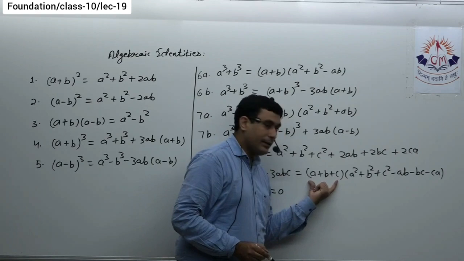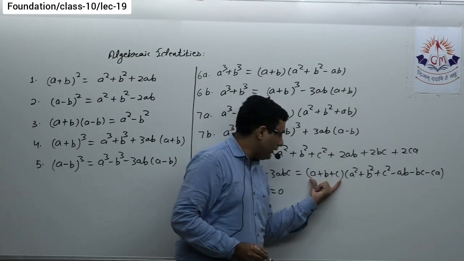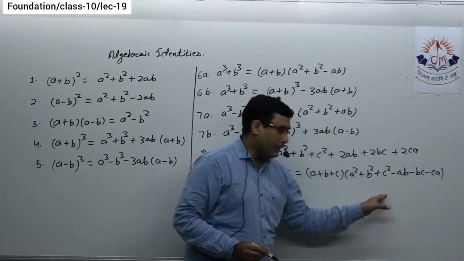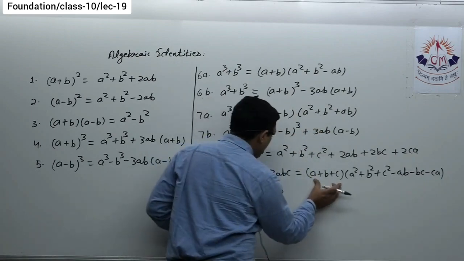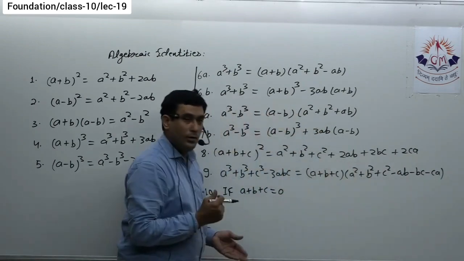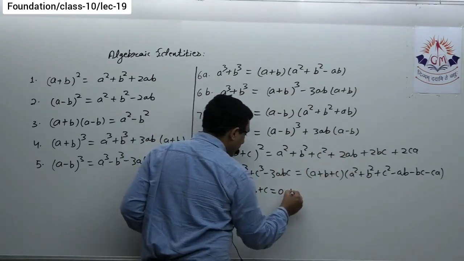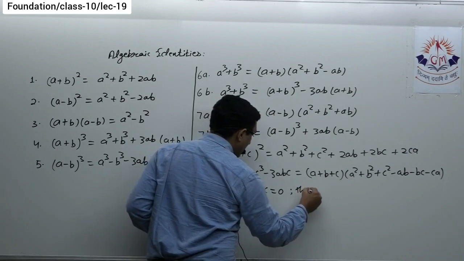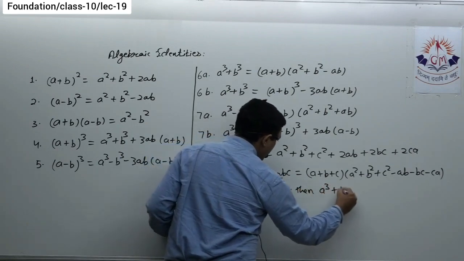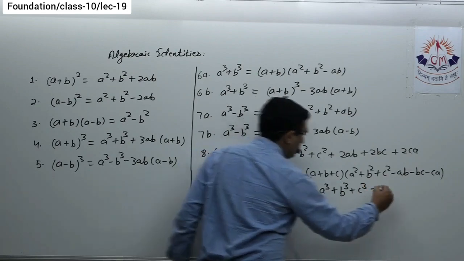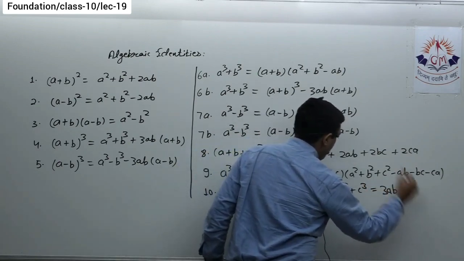I'm replacing a plus b plus c with 0. If I make it 0, 0 multiplied by whatever becomes 0. That means if a plus b plus c is 0, the right hand side becomes 0, and then I can take the minus 3abc to that side. So I can say a cube plus b cube plus c cube is equal to 3abc.